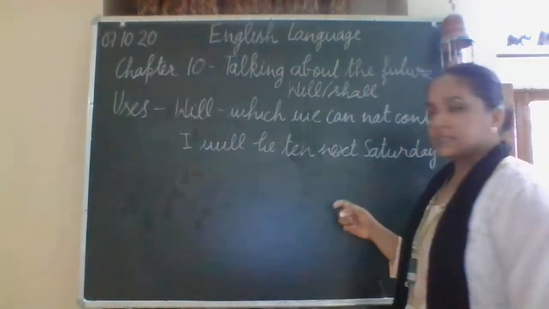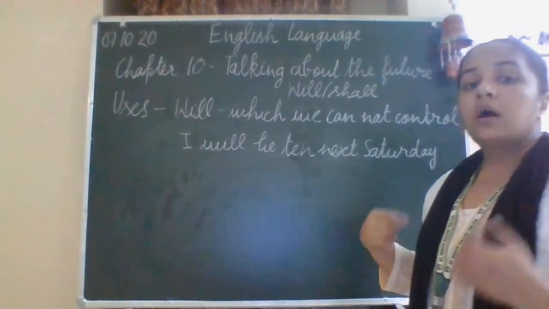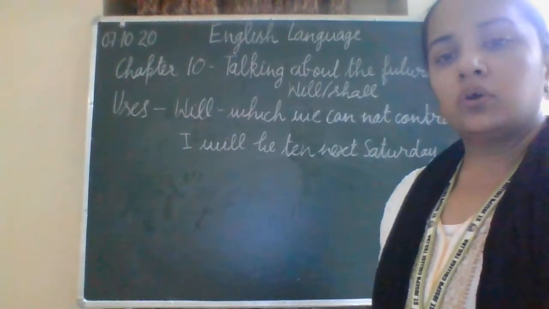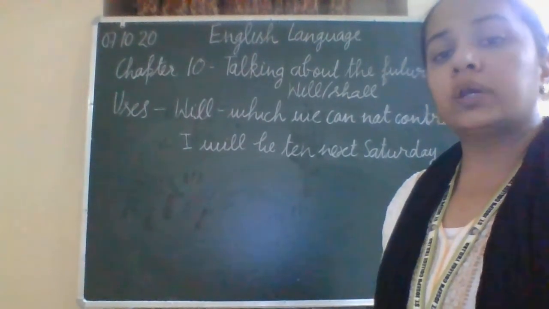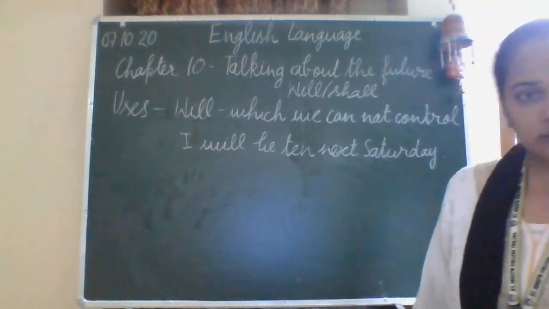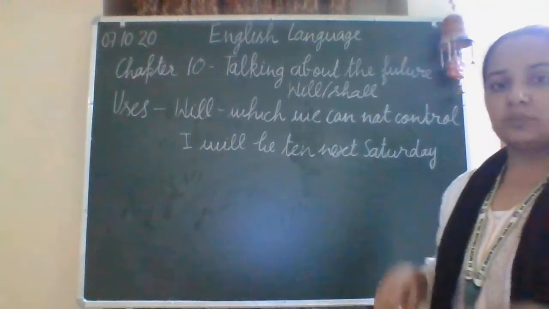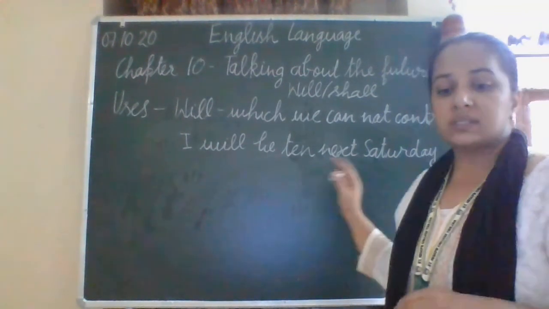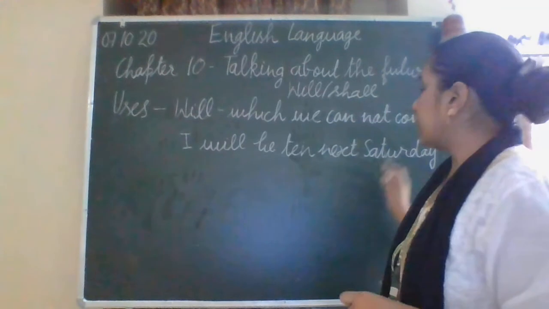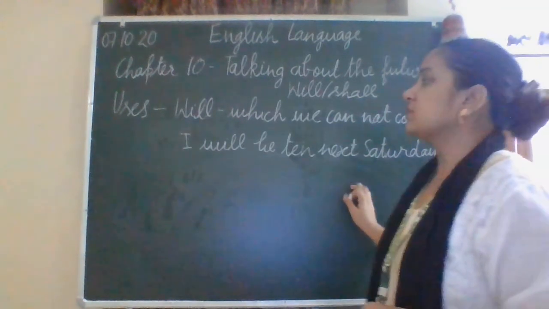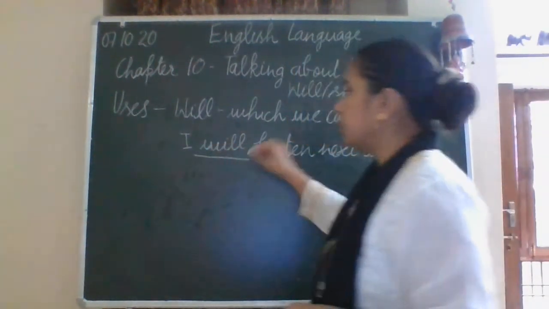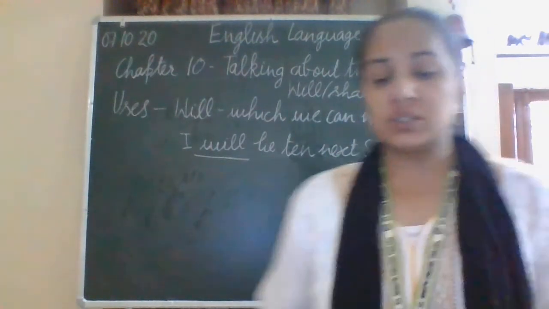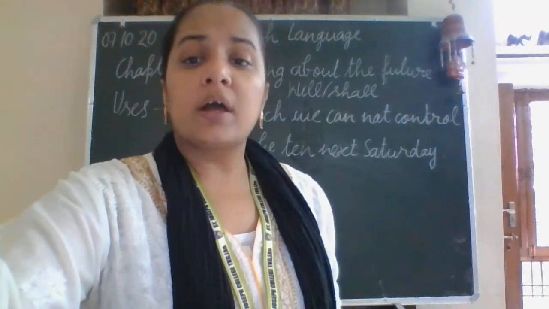So, in this sentence, it is saying that next Saturday I will be 10 years old. So this is something you cannot control. Whatever the condition be on the next Saturday, you will be 10 years old. That's why I have used will. So will is used in the situations and the conditions that we cannot control.